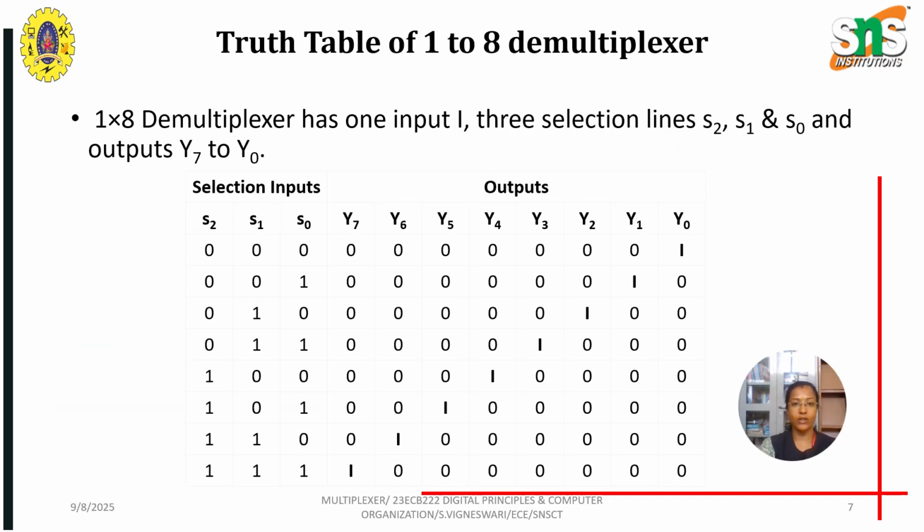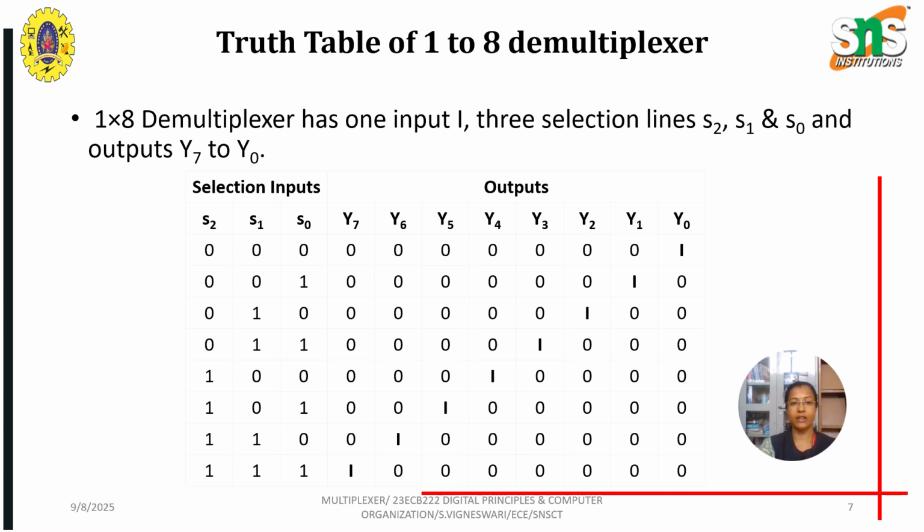Truth table of the 1:8 demultiplexer. As we saw in the previous block diagram, the selection inputs are S0, S1 and S2. Based on the selection lines, among the outputs Y0 to Y7, only one will carry the data input at a time. For example, when all the selection lines S0, S1, S2 are 0, the input will be guided to output Y0.